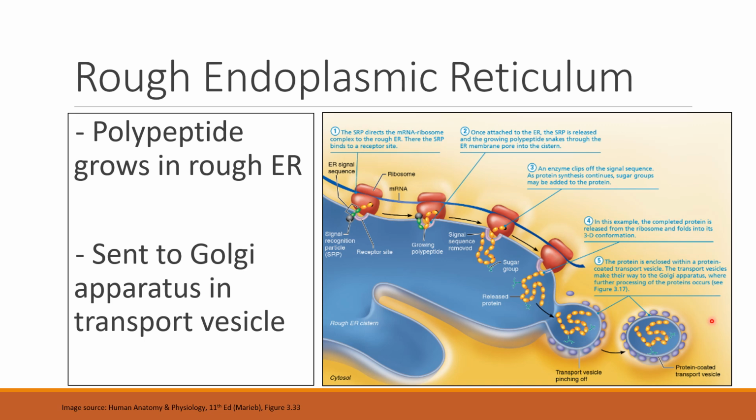It'll go to the Golgi apparatus, and then it'll undergo additional processing, and then the protein will be sent off to do whatever it is that protein is supposed to do. So that's what happens in the rough endoplasmic reticulum. Some of these ribosomes are on the outside of the cell doing this, but other times it's on the inside of the rough ER, and that protein is just sent off to the Golgi complex, Golgi apparatus.